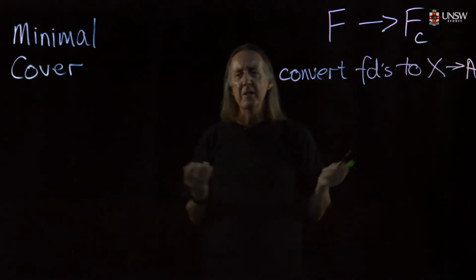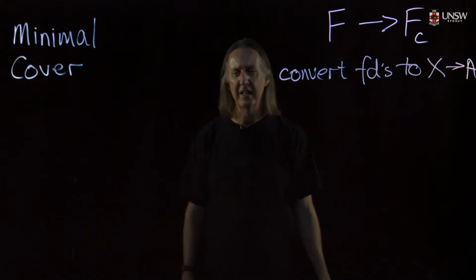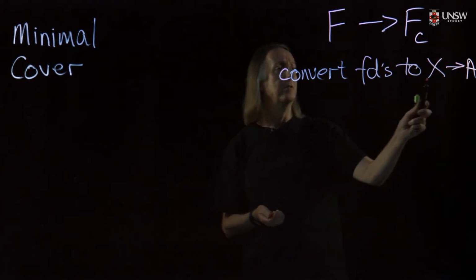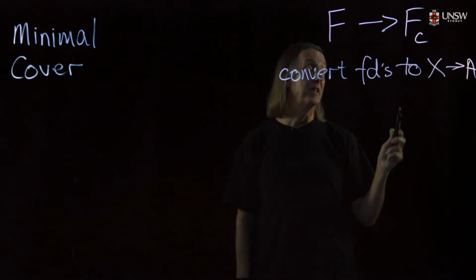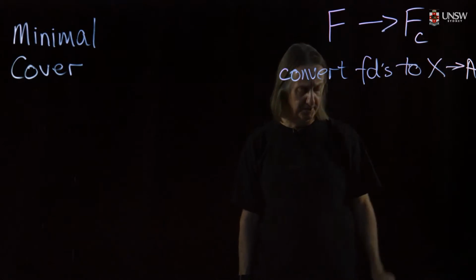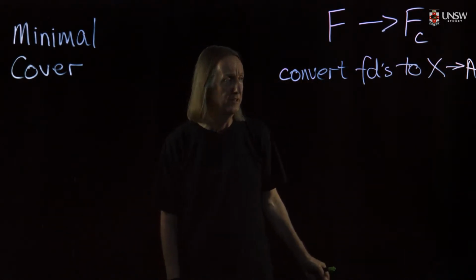Remember that when talking about functional dependencies, we'll often write a letter like X or Y to indicate a set of attributes. So all the functional dependencies have to be converted to the form where we've got a set of attributes on the left-hand side and a single attribute on the right-hand side.